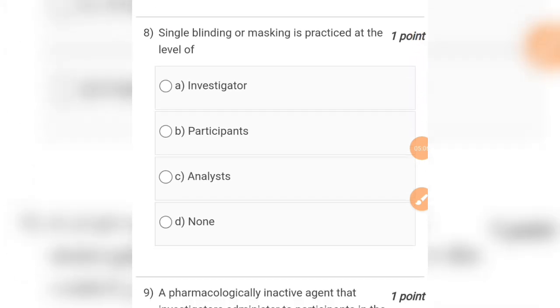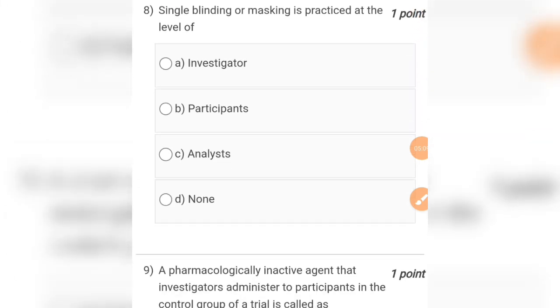Question number 8 is, single blinding or masking is practiced at the level of investigator, or participants, or analysts, or none. So the answer will be participants. Okay, option B will be the answer.